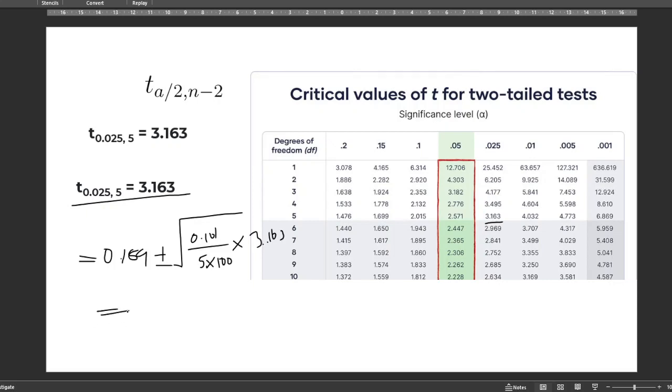Wait, let me calculate. This will get you plus or minus 0.025 around 0.189.